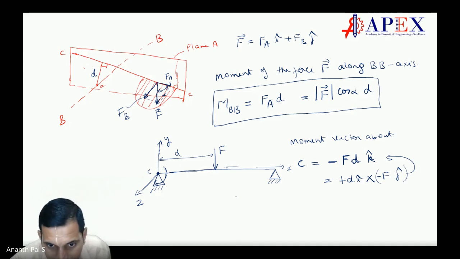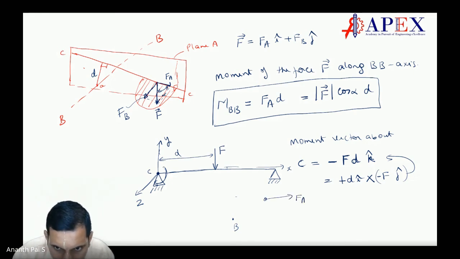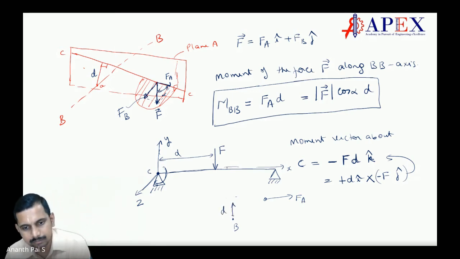So here, this is BB. FA is somewhere here. This is the D vector, the D distance. So what happens? It is FA into the perpendicular distance, which causes rotation. Make sense?